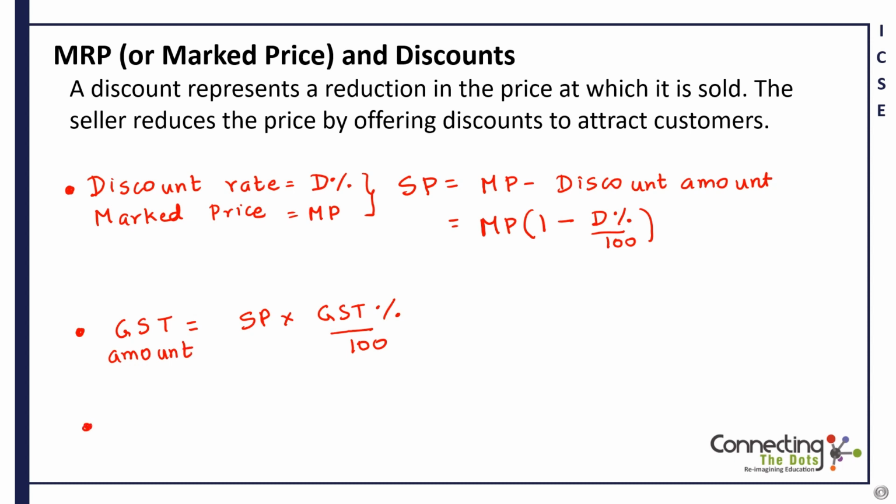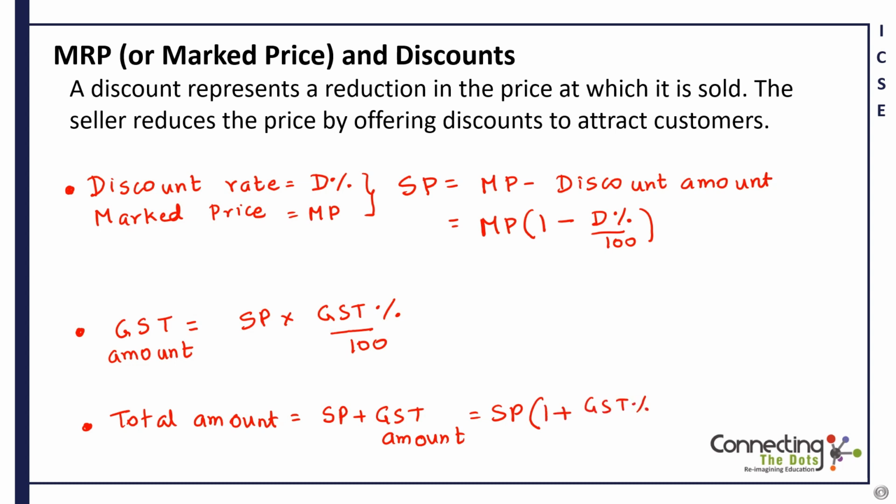So the total amount that has to be paid as part of this transaction becomes equal to the selling price plus the GST amount. So this is how you can calculate the tax in a situation where a discount applies. First, you reduce the discount amount from the marked price so that you get the selling price, and then the tax applies on the selling price.